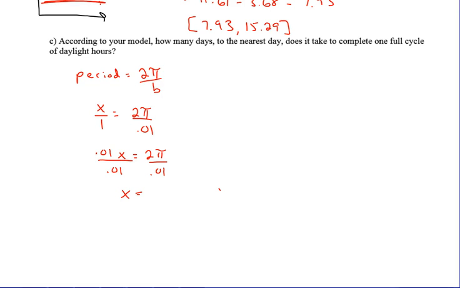And x is going to be equal to 628.3185307. And it wants us to round it to the nearest day, so 628 days to go through one complete sine curve.